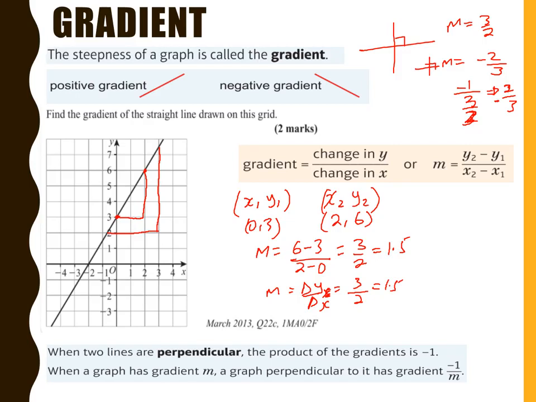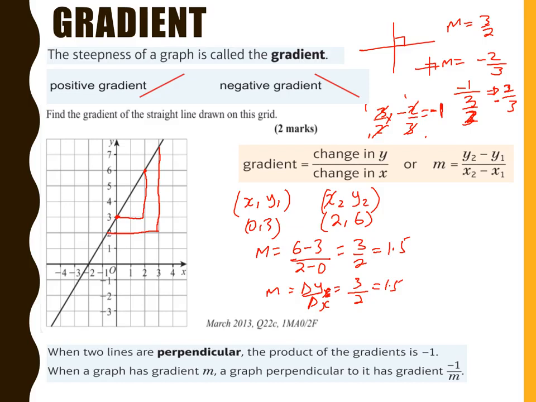What they're saying is that the product of the gradient of the line and the perpendicular line should give me -1. So if I do 3 over 2 times -2 over 3, this cancels out, they're all 1. So I do end up with -1. So this is my way of checking that my gradient for the perpendicular line is correct.